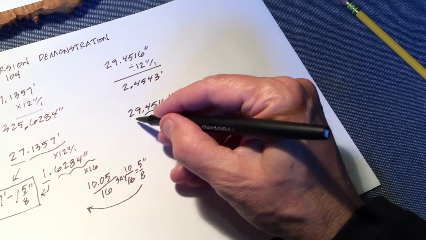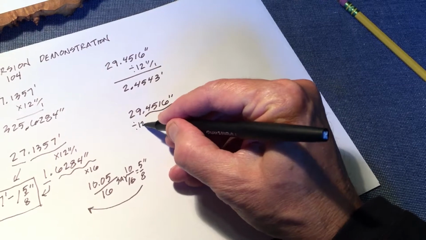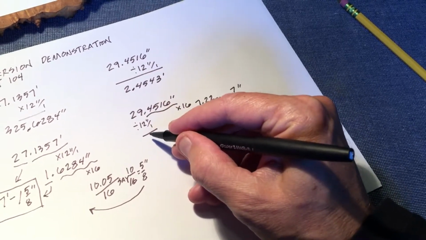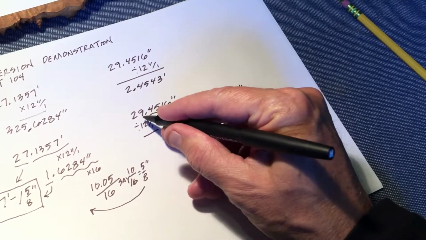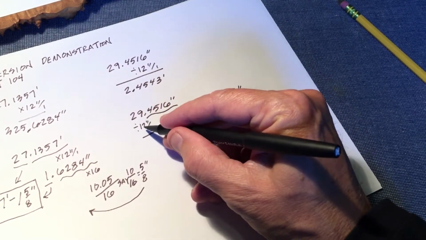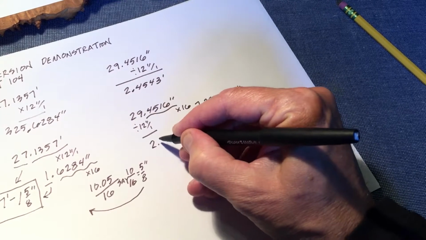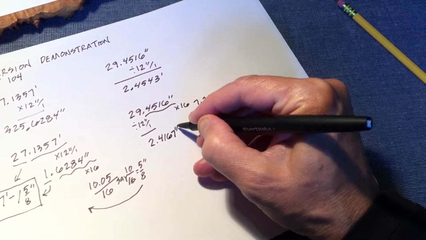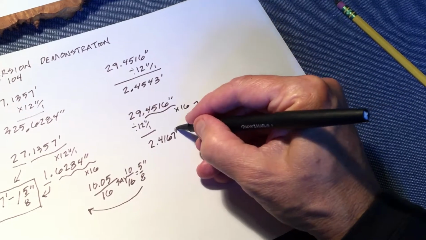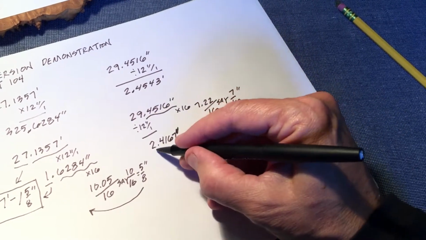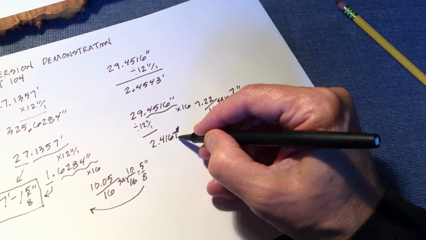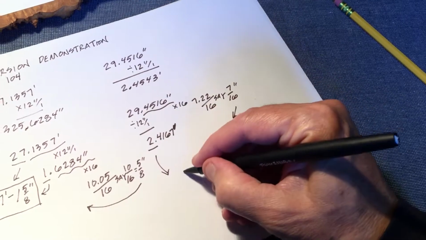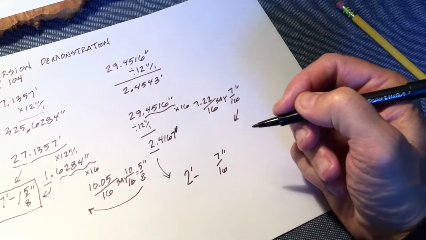With whole inches, I'm going to divide by 12 inches in a foot to convert this to feet, to see how many whole feet I've got. If I do that, 29 divided by 12, I get 2.4167 feet. And with 2.4167 feet, I can use these 2 whole feet, and I can put this down here as part of my answer.